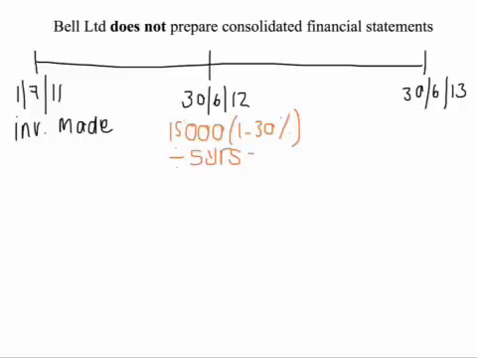This gives us a depreciation charge of $2,100 per year, and we've got a 30% share in that, so $630 needs to be adjusted for depreciation that relates to pre-acquisition equity.